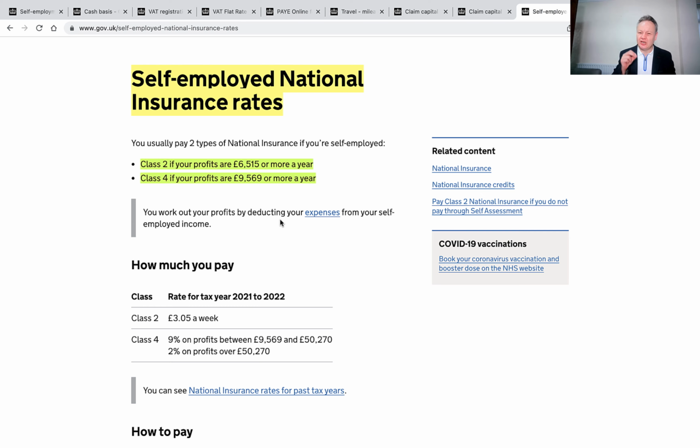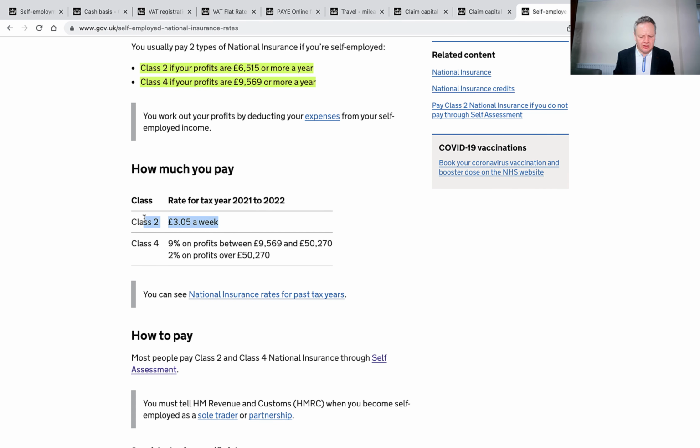This is in addition to the income tax. So you got the £3 a week straight away. So, you know, £100 odd there. And then you've also got this 9% of profits between the 9,569, which is referenced up there, and 50,270. And then any excess over that 50,000 is at 2%.